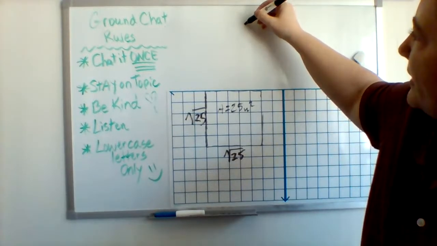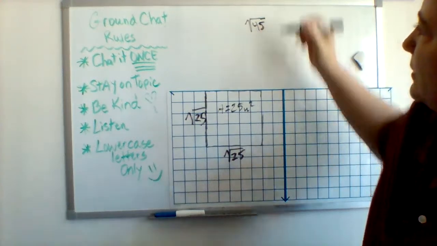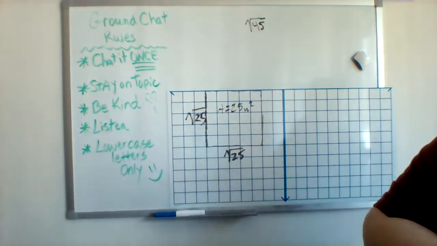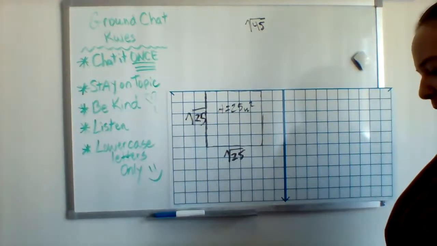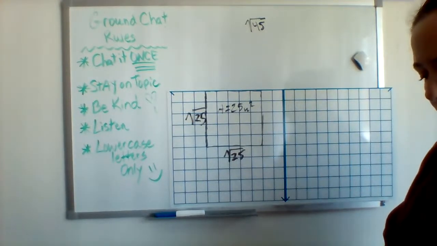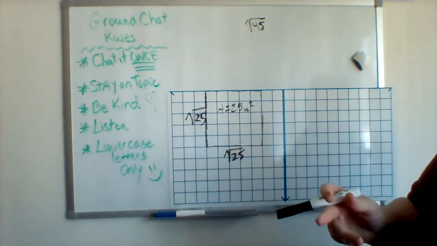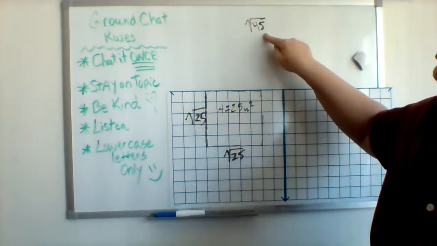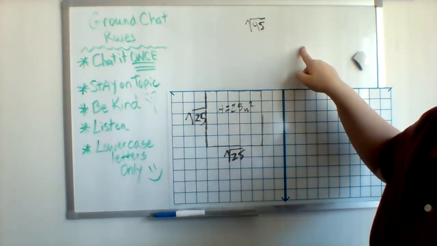Thais, at the very end, it asks you, right? It's asking you to take the square root of 45 and use the graph to estimate it. So what I'm asking you to do is to not just give me the number, but to tell me what your thought process was.